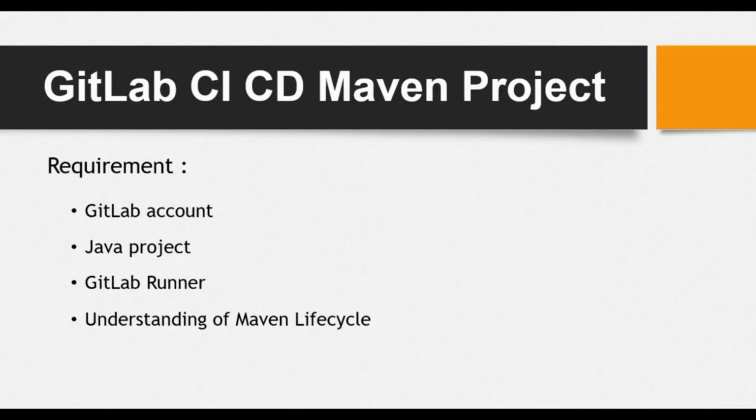So you need to understand the different lifecycle phases of Maven. When you build the pipeline, you need to specify which stage you want to run. We will also write the GitLab CI pipeline file, which is the .gitlab-ci.yaml file. We will see how to write the complete CI YAML file.